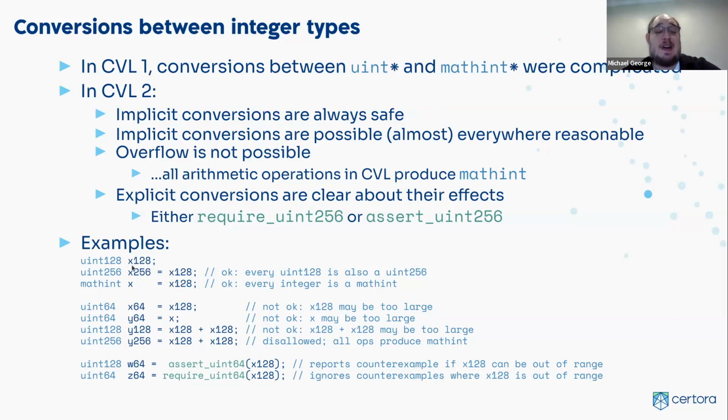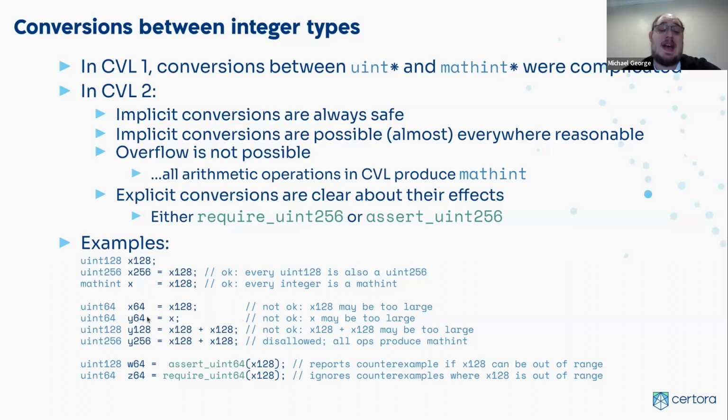I have examples down here. In these examples, I've named my variables with their sizes, so x128 is a uint128. Just as I said, it's fine to assign a uint128 into a uint256, no problem. I can store any integer into a math_int, no problem. But if I try to go the other way, if I try to store a uint128 into a uint64, there would be some narrowing here, and it's not clear what should happen if x128 is out of bounds, so this will be disallowed by the type system.